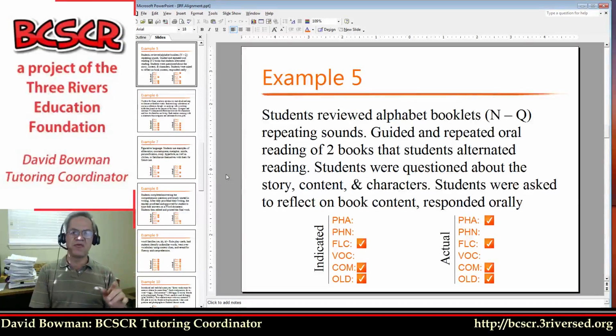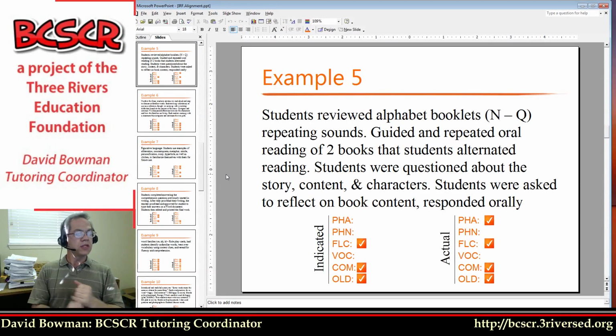In example 5, students reviewed alphabet booklets, letters N through Q, repeating sounds, guided and repeated oral reading of 2 books that students alternated reading. Students were questioned about the story, content, and characters. Students were asked to reflect on book content and responded orally.